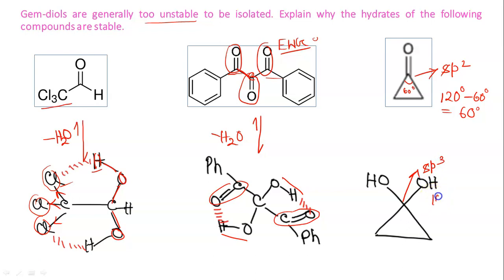So the angle should be 109 degree, but here the angle is 60 degree. So now the deviation is less. In the previous case, in the starting material it is 60, but now it is reduced to 49. That means in the hydrate, some of the angle strain is relieved. So it will be stable because of this reason. Fine.